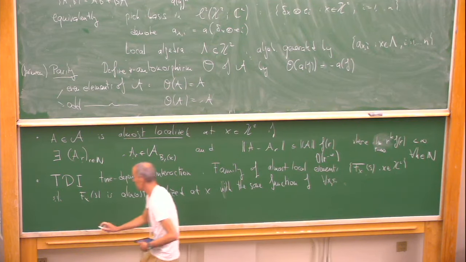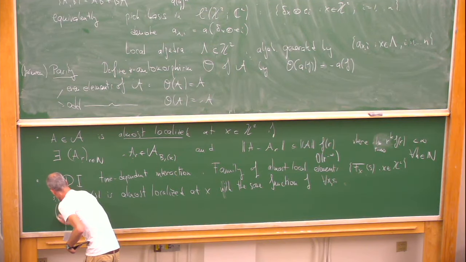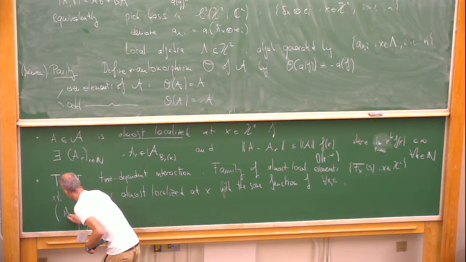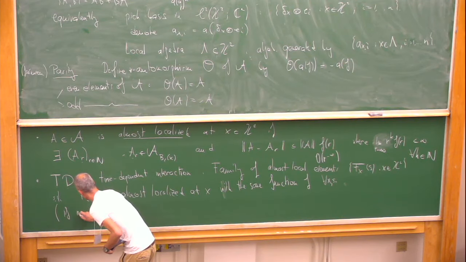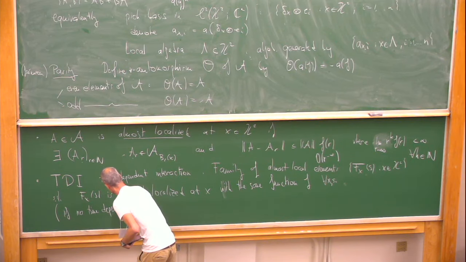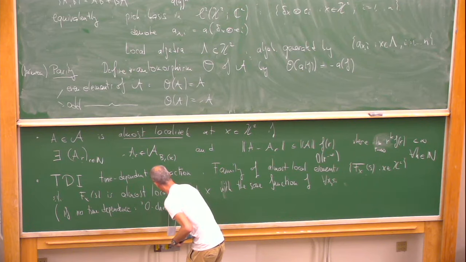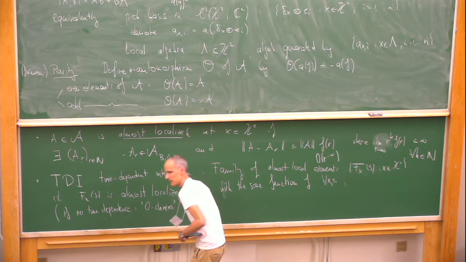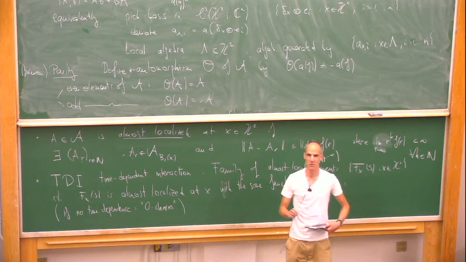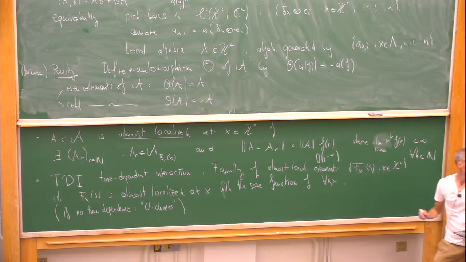In fact, let me just remark, in the case of no time dependence, these are sometimes called zero chains. And Nikita Sopenko will probably use that language later during the week.